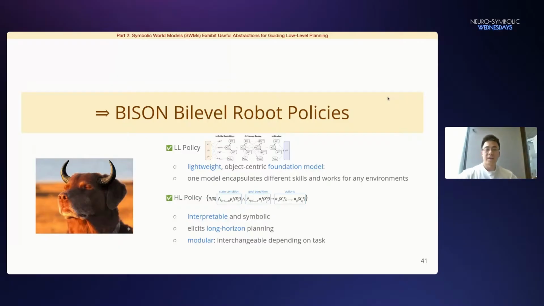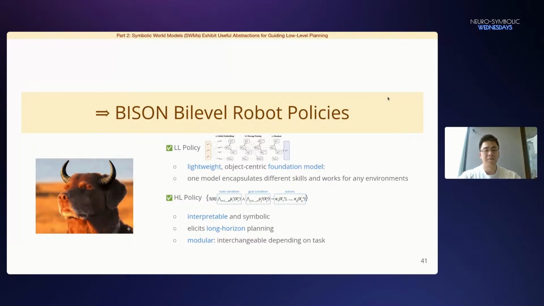So to summarize, we now have our Bison approach for learning bi-level robot policies, consisting of a low-level policy and a high-level policy. Our low-level policy is a very lightweight, object-centric foundation model, where we can learn a single model that encapsulates different skills and can work for any environments.